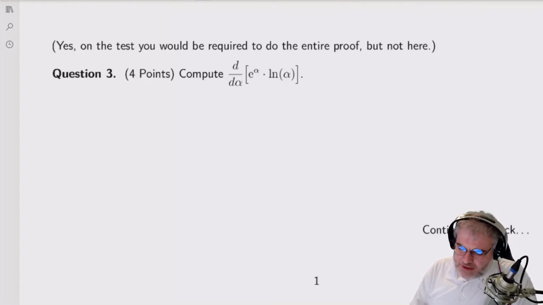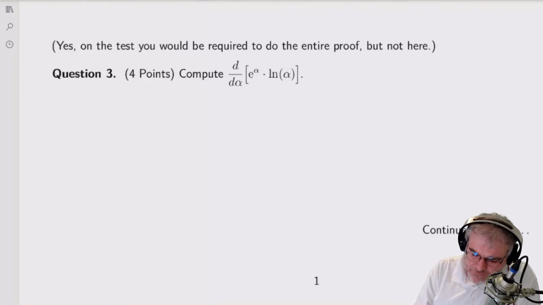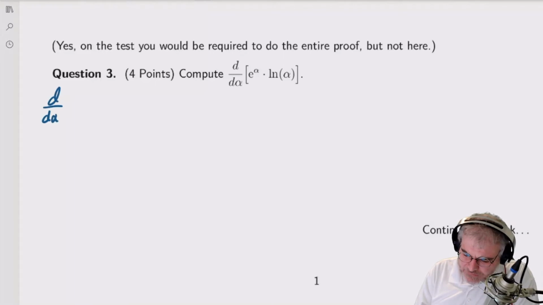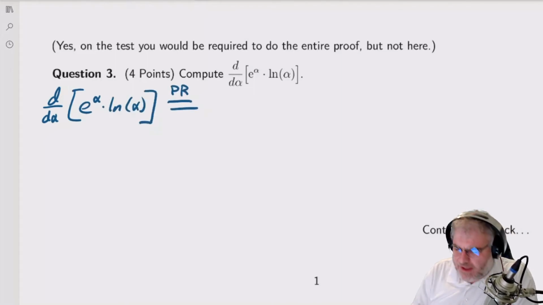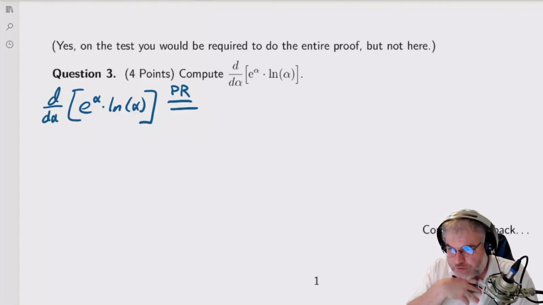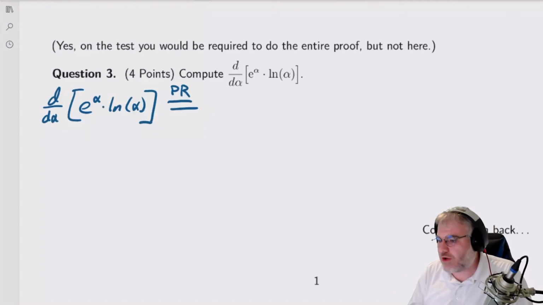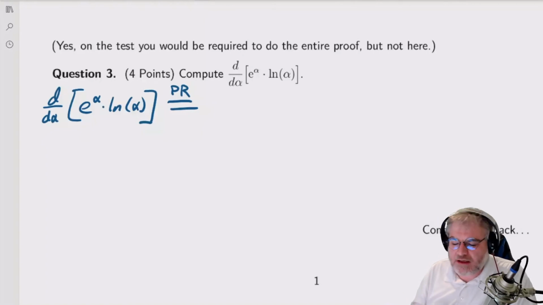All right, so I'm going to compute this derivative here. So I'm going to do d alpha, sorry, the derivative with respect to alpha, of e to the alpha, ln of alpha. Now, whether or not you want to do this, I would highly recommend you do it whenever you use product, quotient, and chain rules: write it out. I'll mark off points for you on the quiz if you don't. I don't know what the test rubric's going to look like.